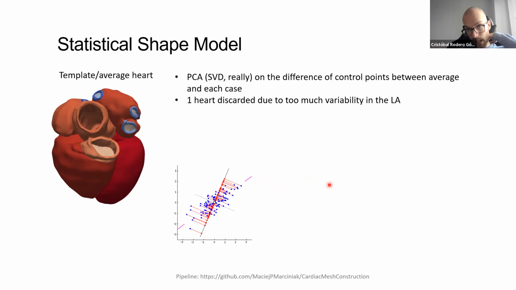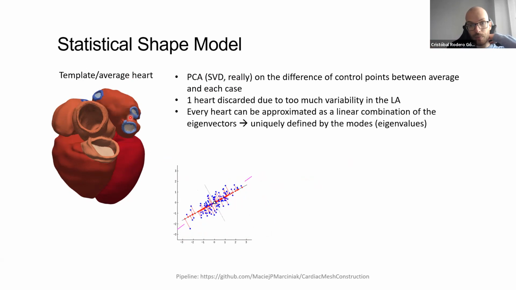As I mentioned, we discarded one heart because there was too much variability in the left atrium. And so once we do PCA, we can describe the heart as a linear combination of a set of vectors. And since these vectors are common for all the hearts, we can describe each heart as a set of numbers, as these eigenvalues.